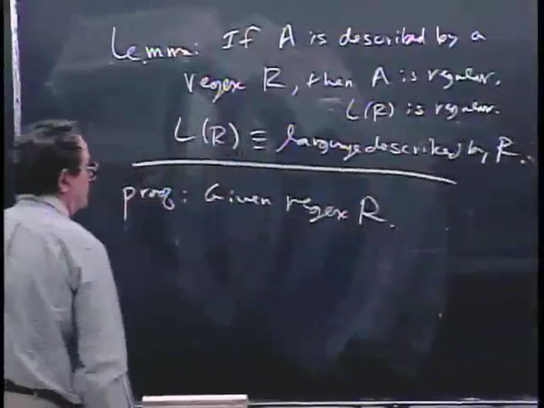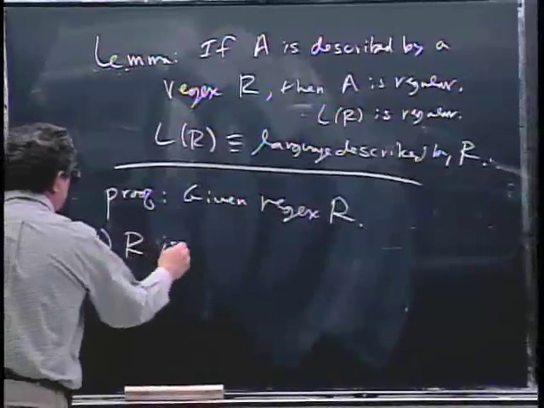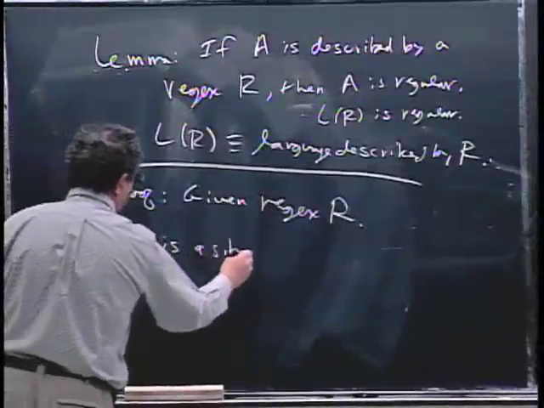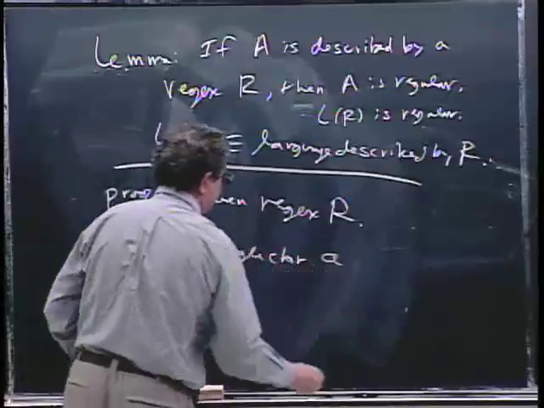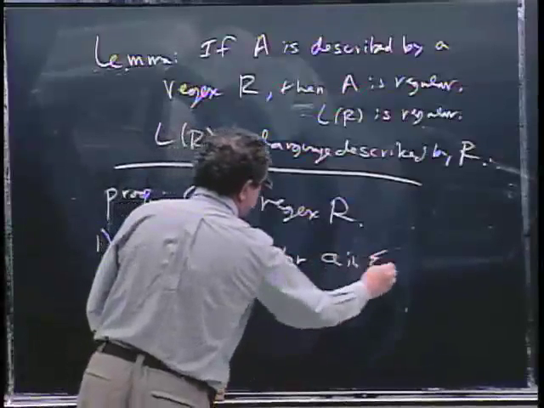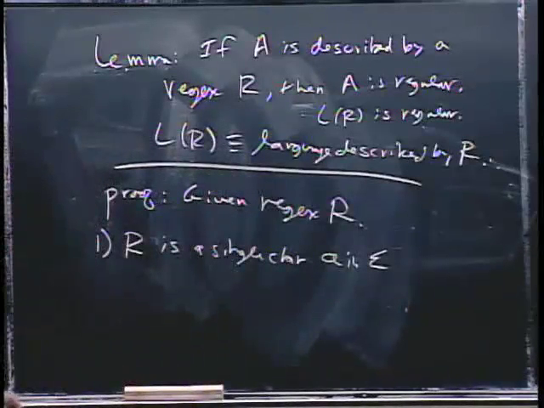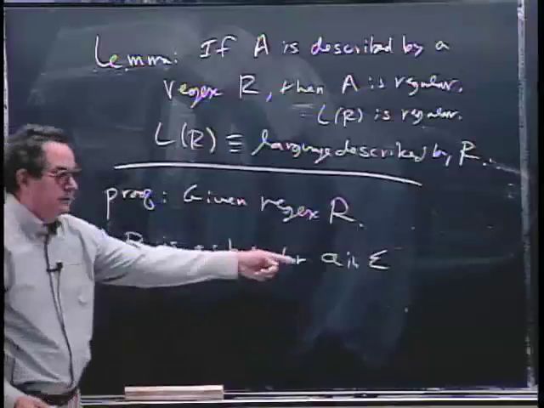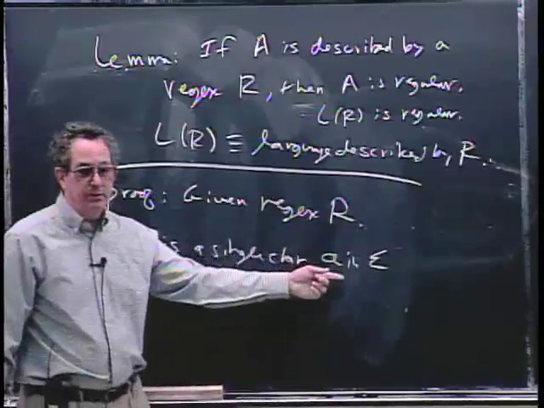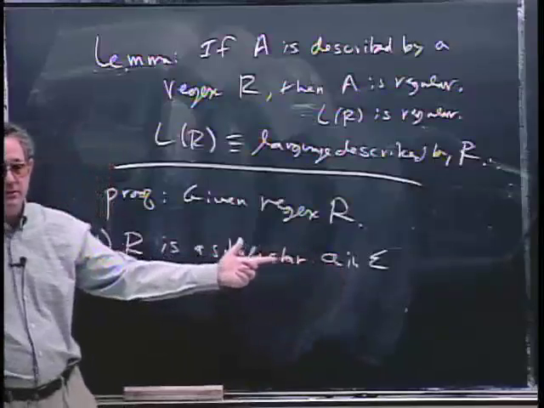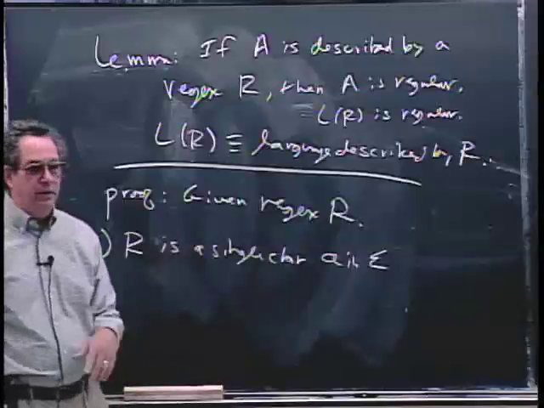And what's sort of the easiest case is that R is a single character, let's say a, in sigma. Okay? So I want an NFA that recognizes the language described by this regular expression. So what's an NFA that just recognizes the single character a?